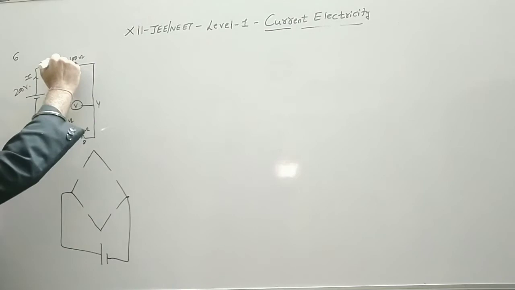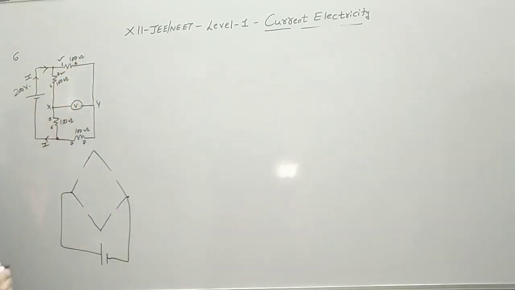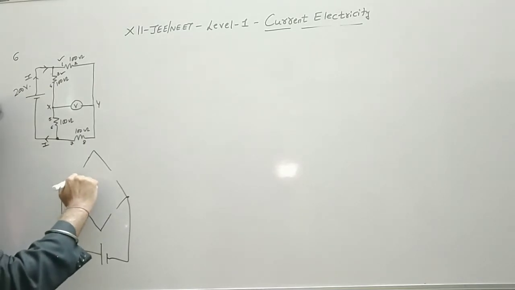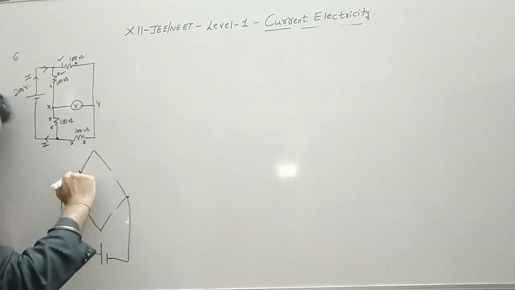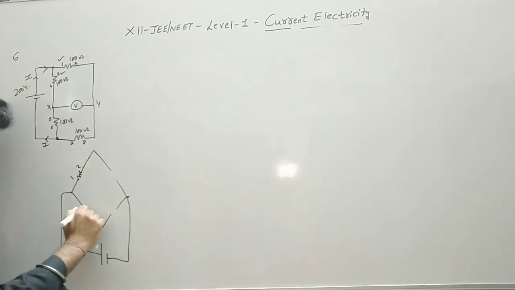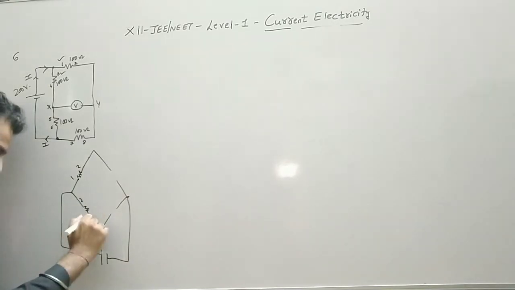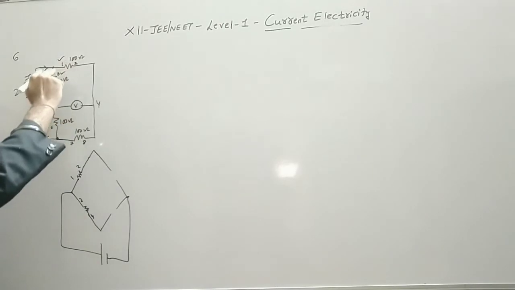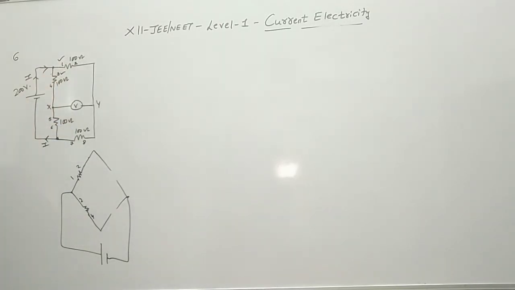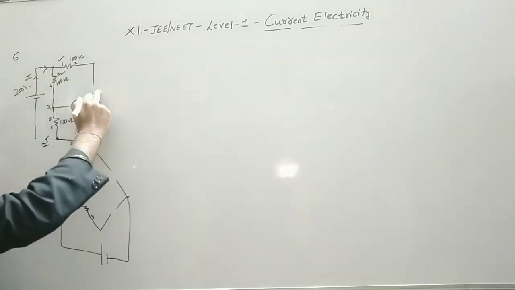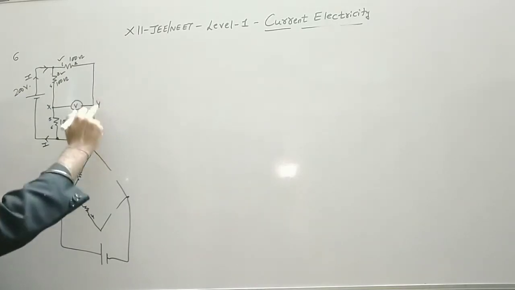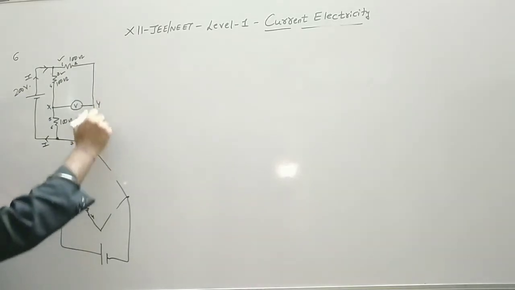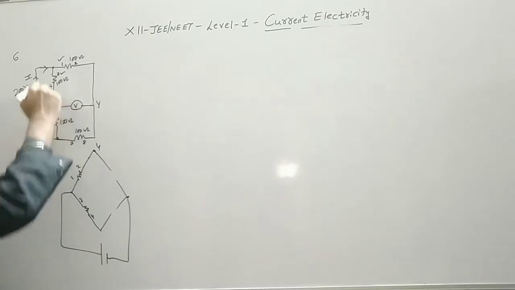Now point 1 and point 3 are connected to the positive terminal. So I can take this 1 point, then I label this 2, this point can be 3 and it should be 4. So 1 and 3 are connected with the positive terminal. Point 2 goes to Y, and from Y to X, which is 4.